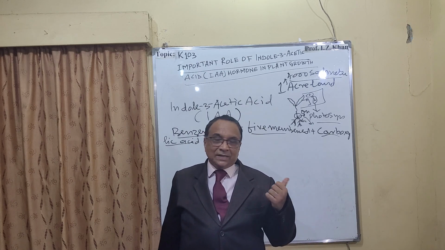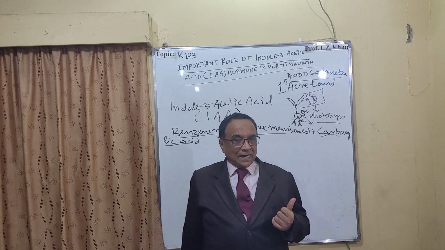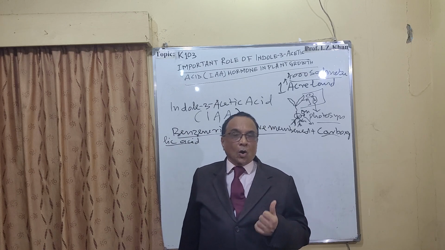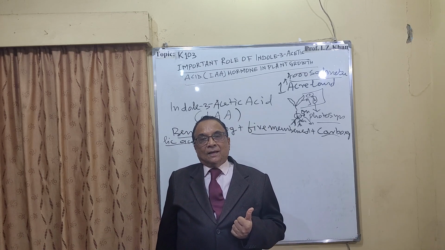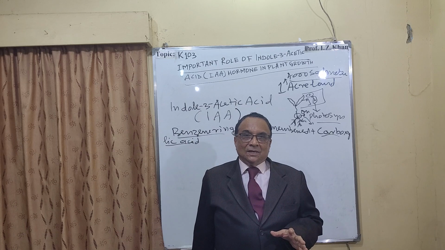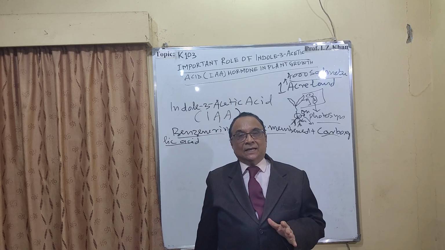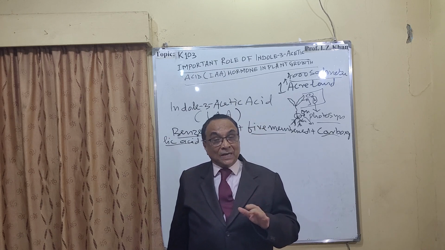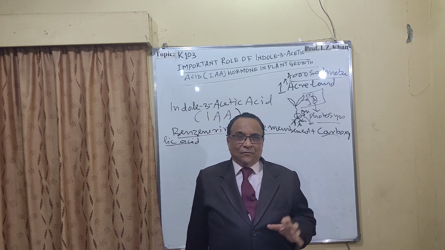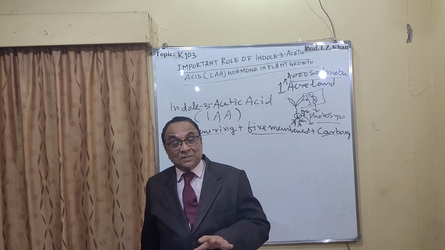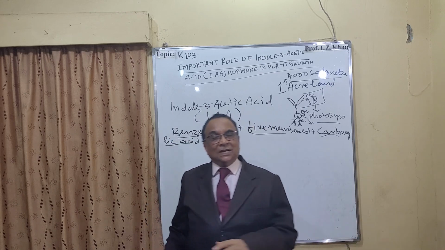And actually these plant hormones, IAA, auxin hormones, are produced in the plant itself. They are found in natural form. The reason is that sometimes because of weather conditions, very drastic conditions, sometimes summertime, sometimes very hot, sometimes there is no water.